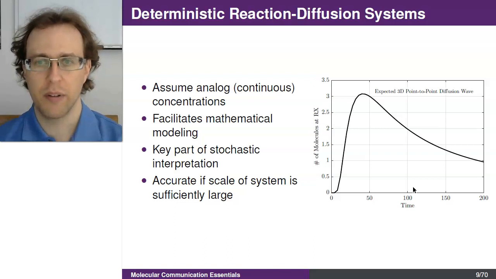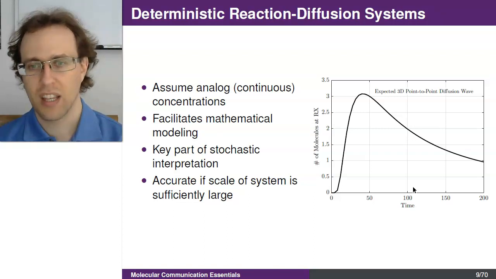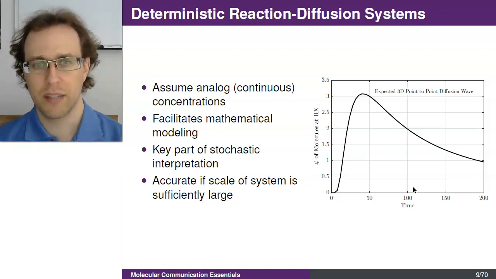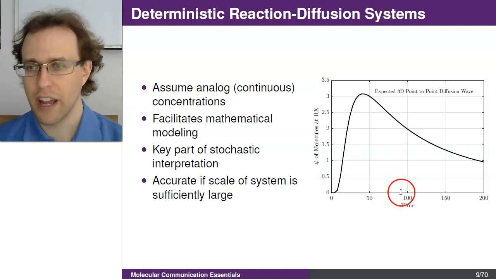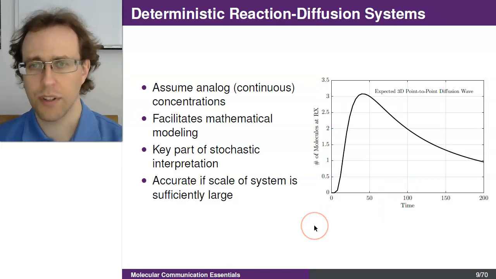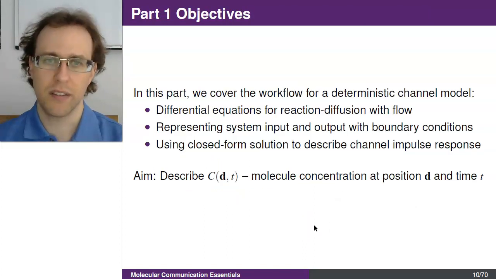It really does break down when you get down to, let's say, a countably small number of molecules in your system. But if you're dealing with very large molecule concentrations, then a deterministic approach can actually be quite accurate. So we're going to use this as our first direction in this talk today.